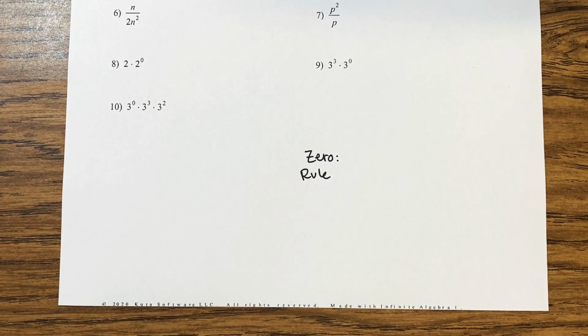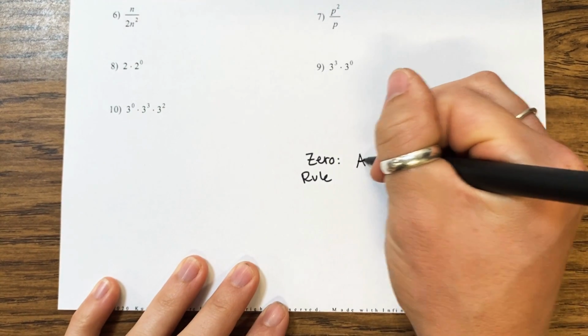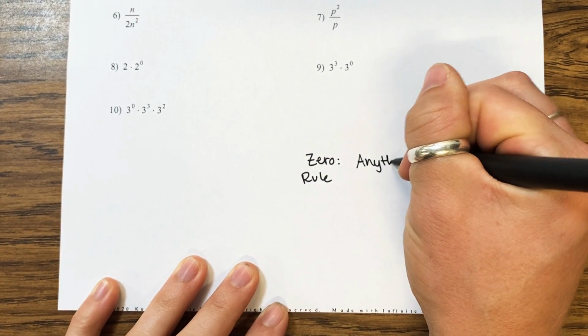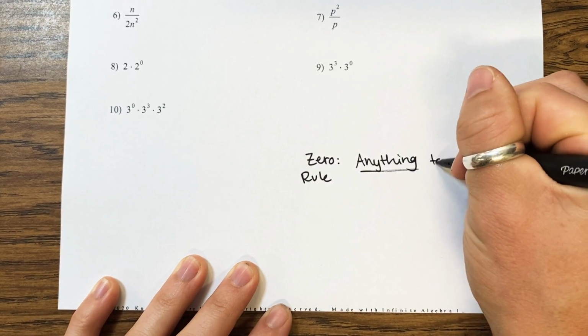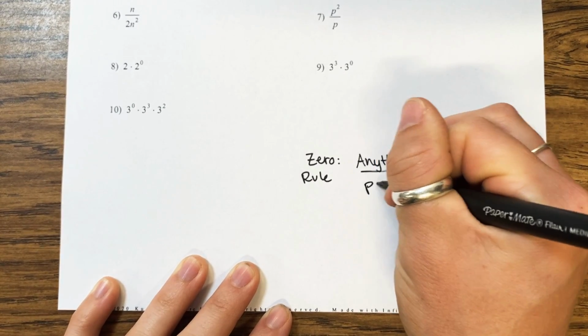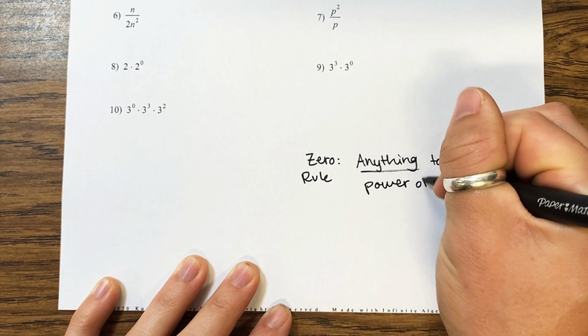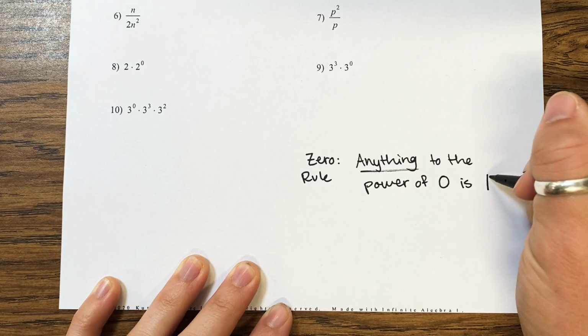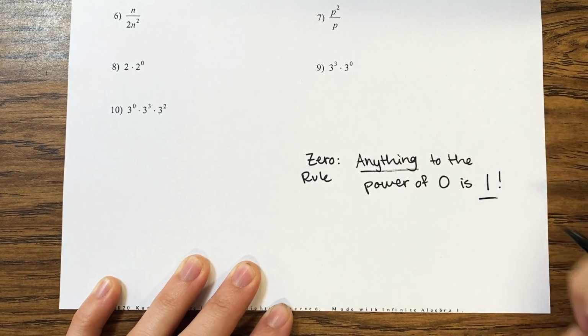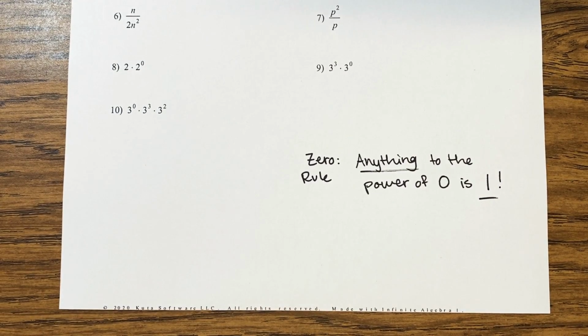Okay, and this is where I actually want you to write this sentence. Anything, even underline anything, to the power of 0 is 1. Yep, anything to the power of 0 is 1.